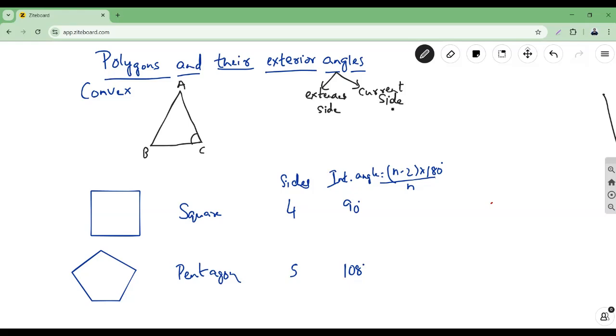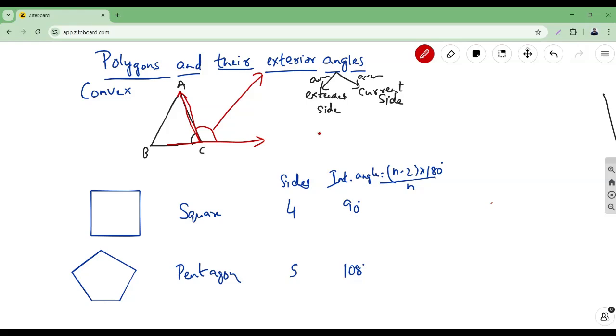Current means it is a side of the polygon. Okay, an extended side and a normal side. So if I draw a line like this, which is an extension of side BC, this becomes one arm, and I take another existing side AC, then between these two arms, whatever angle is formed is called the exterior angle.